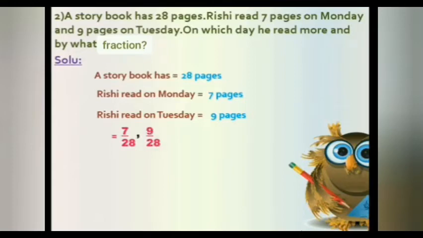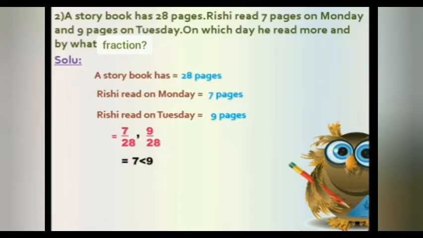See here children, in this we have same denominators and different numerators. So we should compare numerators. 7 is less than 9. Yes, 7 is smaller number and 9 is bigger number. The question is, on which day he read more?